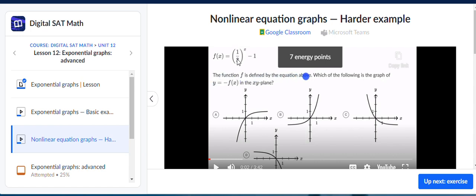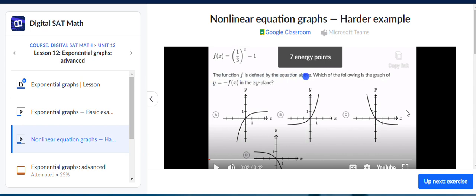Let's see. y equals minus f(x). What's the graph of f(x)? Let's say f(x) at x equals 1: 1/3 times 3 to the power 1, minus 1.